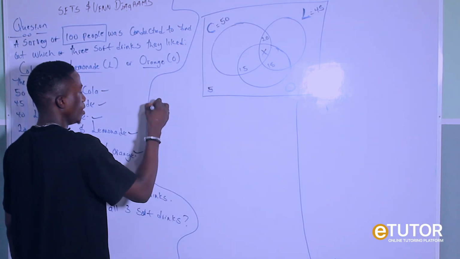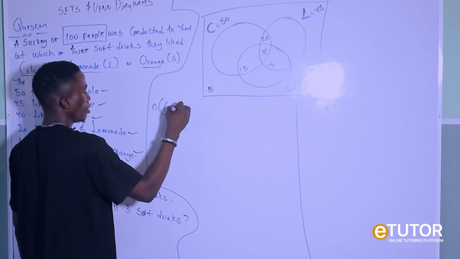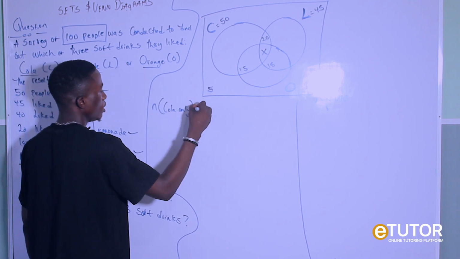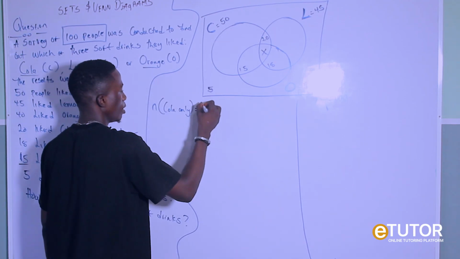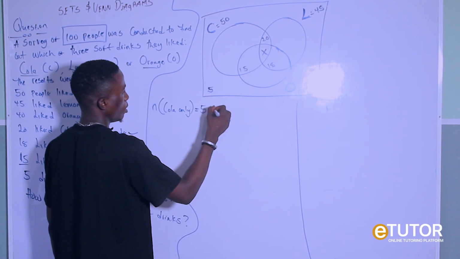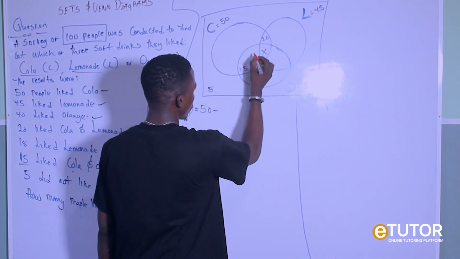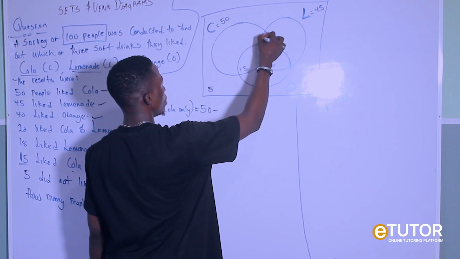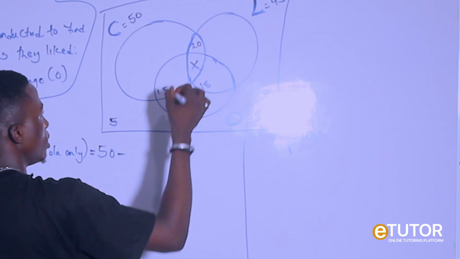So you have n of cola only is equal to, now how many people liked cola? 50. That is 50 minus, now this entire portion from here to here is 20.